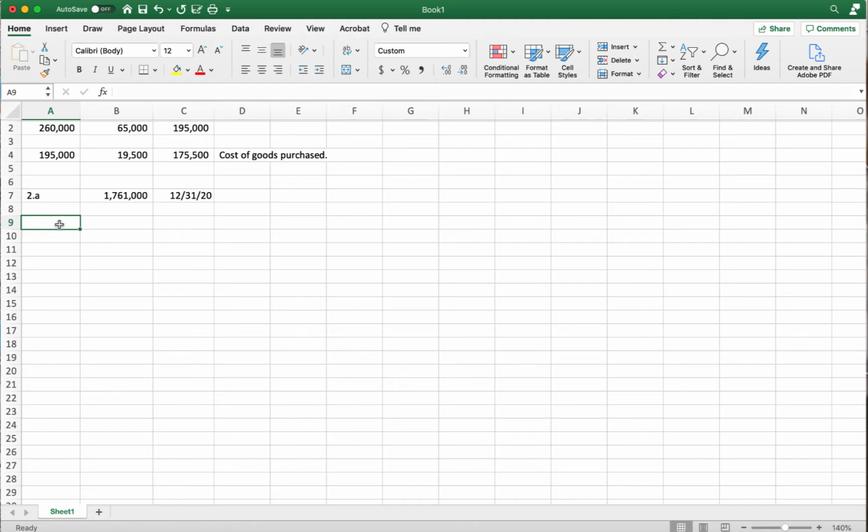So in this example, we need to add the $85,500, and the value of our inventory now should be $1,846,500. Again, to reiterate, the $85,500 of goods in transit on which the title passed on December 28th, because it's FOB shipping point, should be added to the inventory on 12/31/2020. Now, let's look at B.